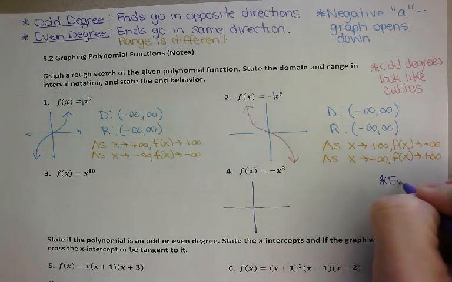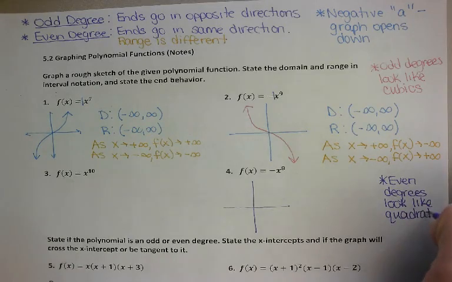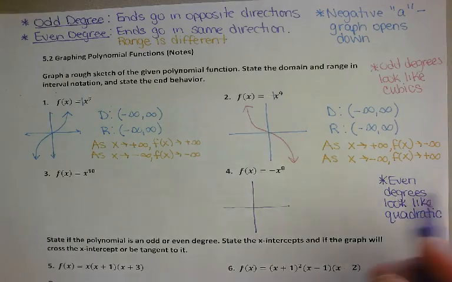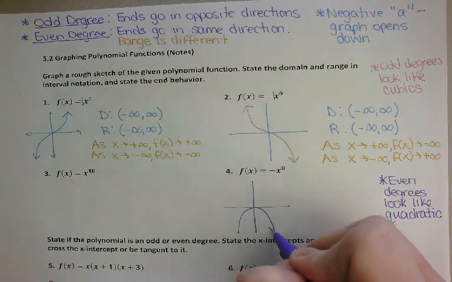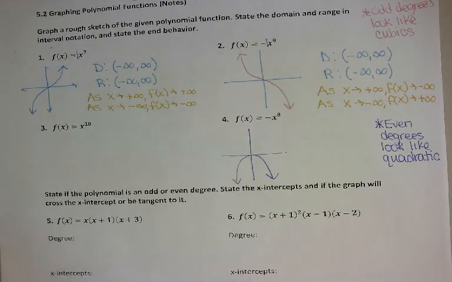So we can write that as a little side note. And again, this is just quadratics, just parent functions. So the even degrees look like quadratics. So I'm going to draw a quadratic but have it going down. Okay, so rough sketch. So now I want to state the domain.